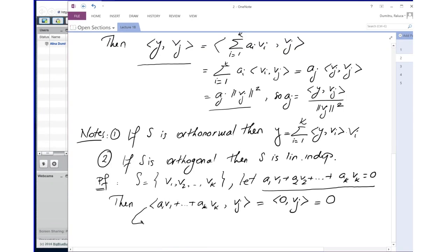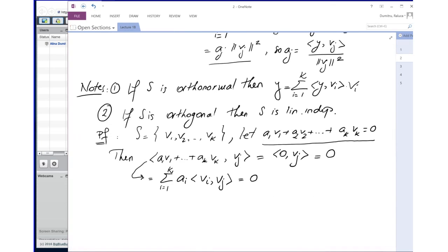On the left, though, we have a linear combination in the first entry of the inner product. It spreads out nicely. So it's the sum, i equals 1 to k, ai times the inner product between Vi and Vj. Right side was 0. But we've seen that before: it was an orthogonal set. Inner product between Vi and Vj is always 0 unless i equals j.